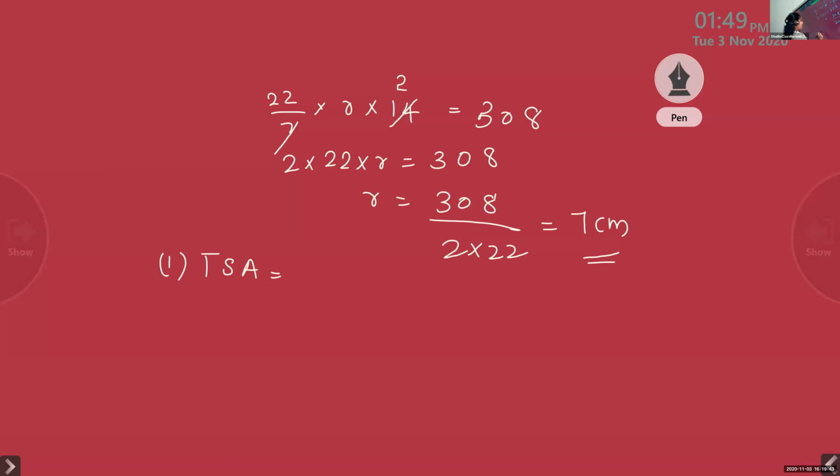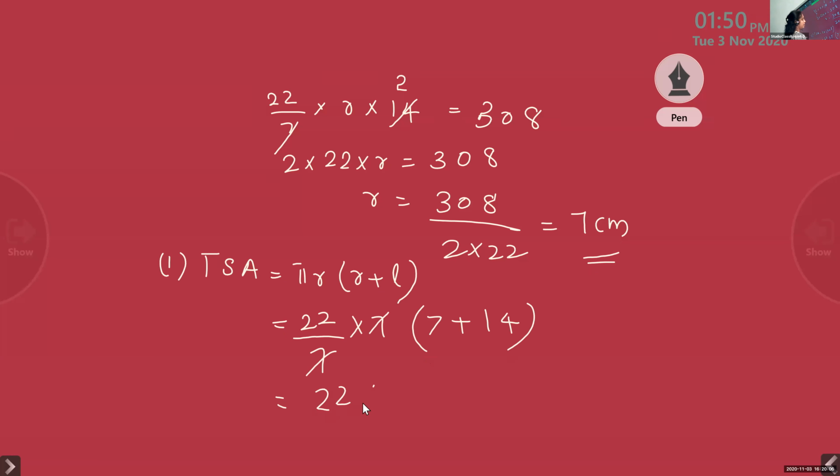Now we have to find the total surface area. TSA is pi R into R plus L. So 22 by 7 into 7 into 7 plus 14. 7 plus 14, so 7 got cancelled. 22 into 21. Clear? And what is the answer? 462 centimeter square.